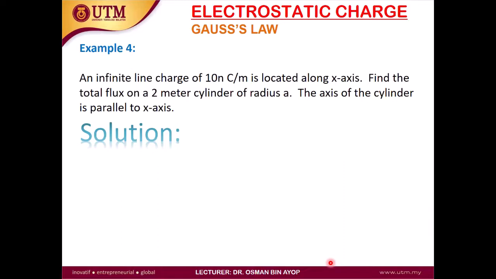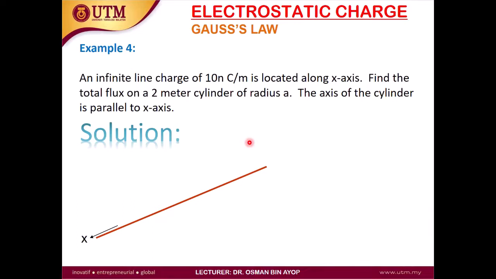Okay, so your line charge is very long, infinite, and the charge density is 10 nanocoulomb per meter. It has a uniform charge density. You have to find out the total flux for a 2 meter cylinder. That is the situation, so you have to sketch.